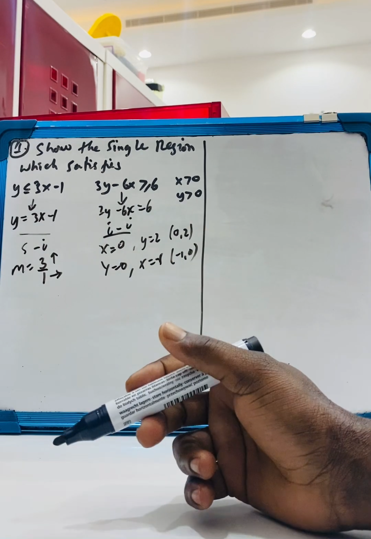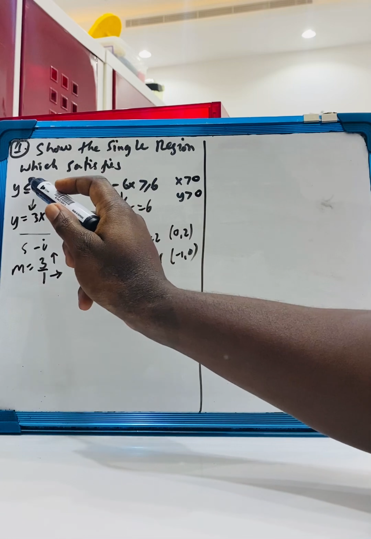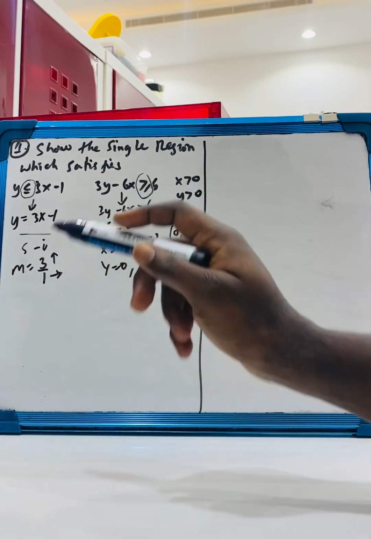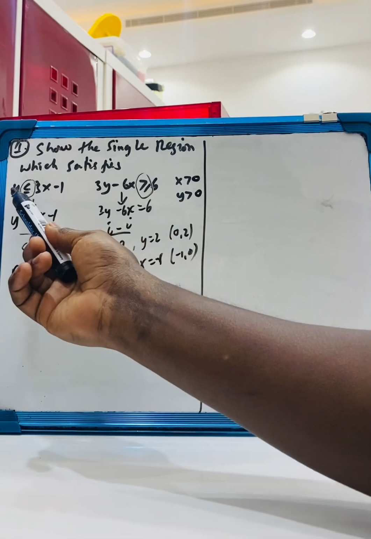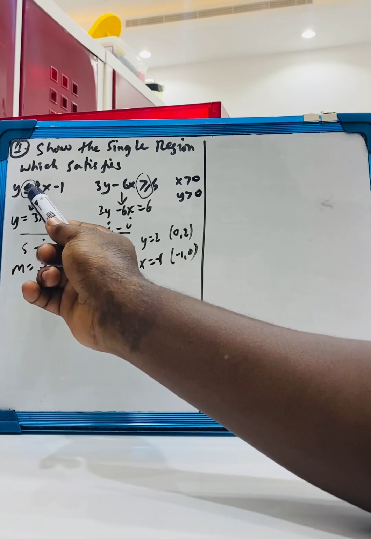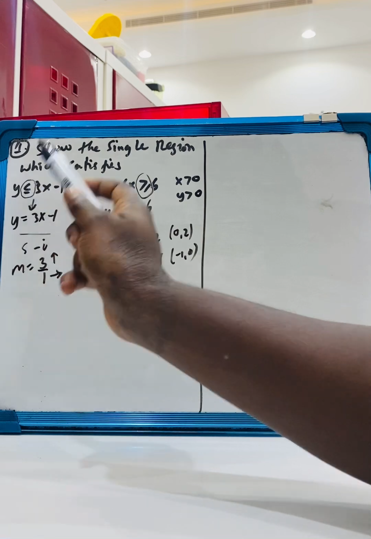Then I'll look for that region to shade. The region to shade comes from the given sign of the inequality. But there is a key note here: anytime the coefficient of y that you see in the equation is negative, we have to switch the sign. So the coefficient here is positive 1, or it's just y, so that is fine.